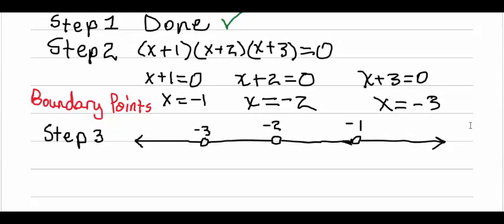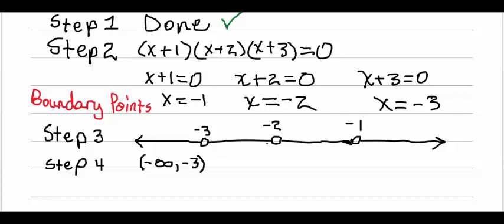Now, even if they are included in the solution set, when we set up our test values, as we're getting ready to do in our next step, we are not testing the boundary points because we already know that they make the polynomial equal to 0. But we're testing all the other numbers in the set of real numbers. So this portion of the number line represents the non-boundary values that are less than negative 3.